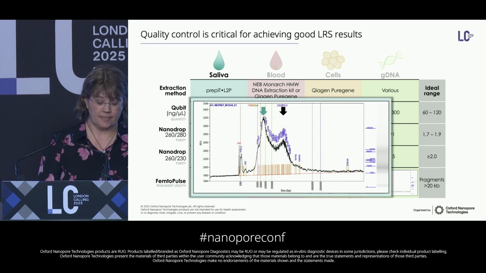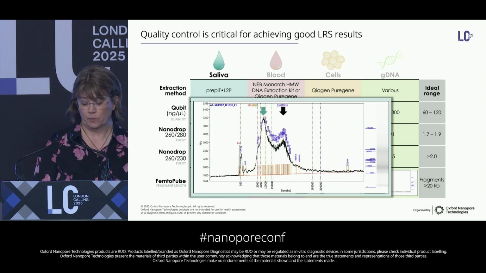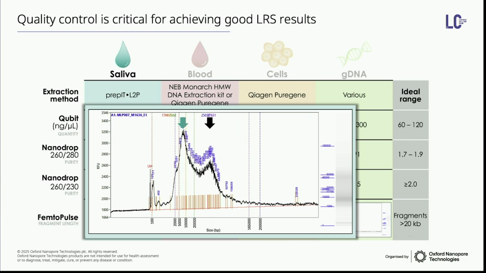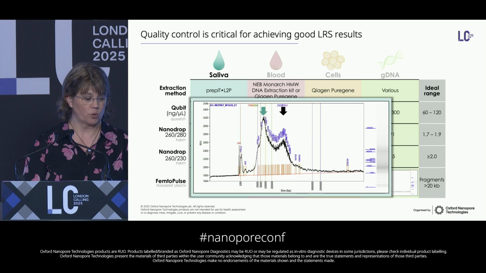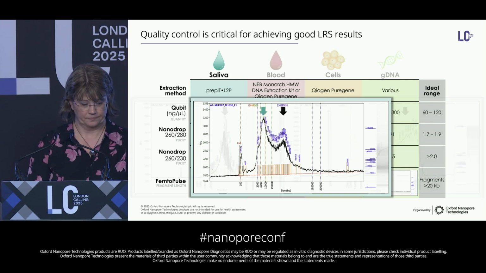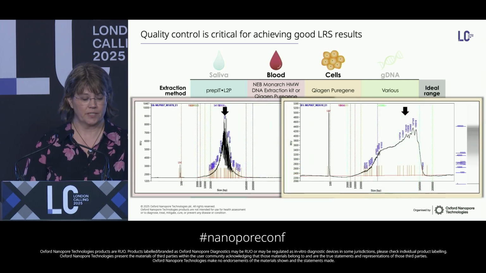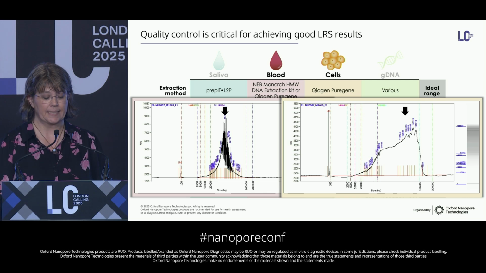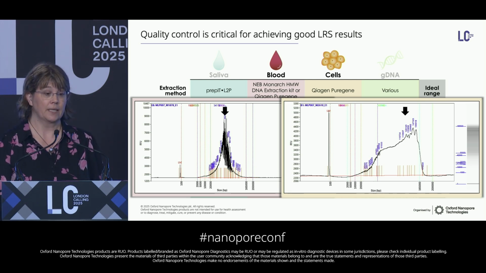This FemtoPulse trace is from a saliva sample and shows a mix of short and long fragments, with many less than 20 kb. To improve performance, we would do a size selection to help deplete the shorter fragments. In contrast, the traces from both blood and cell extractions look great, with most of the fragments above 20 kb.